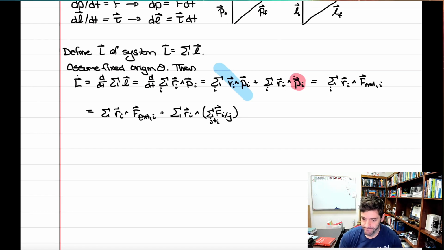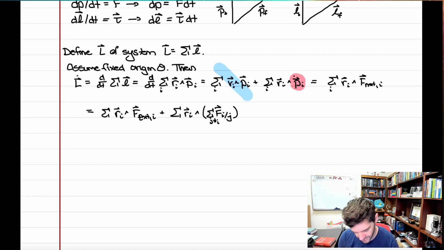Now, before we were able to argue that in that sum of forces, there were always Newton third law pairs. And of course, there still are always Newton third law pairs in that sum.